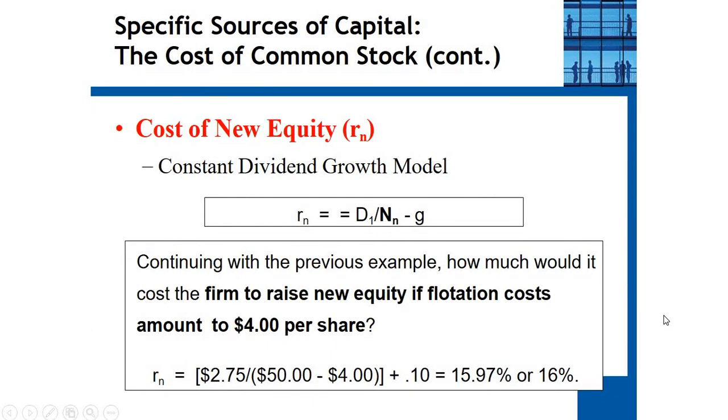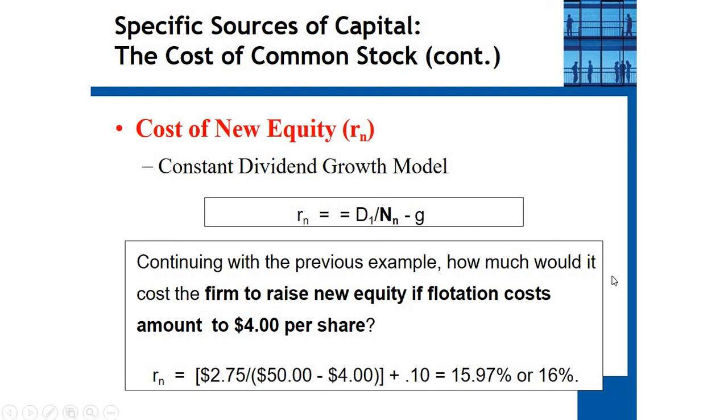Now let's look at the cost of new equity. To find the cost of new equity, we also need to consider flotation cost, that means the cost of issuing a new stock. When a firm sells new equity or shares, the firm needs to consider some costs.